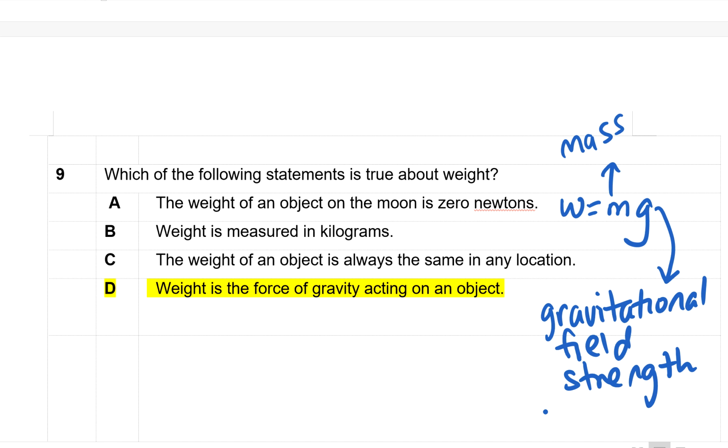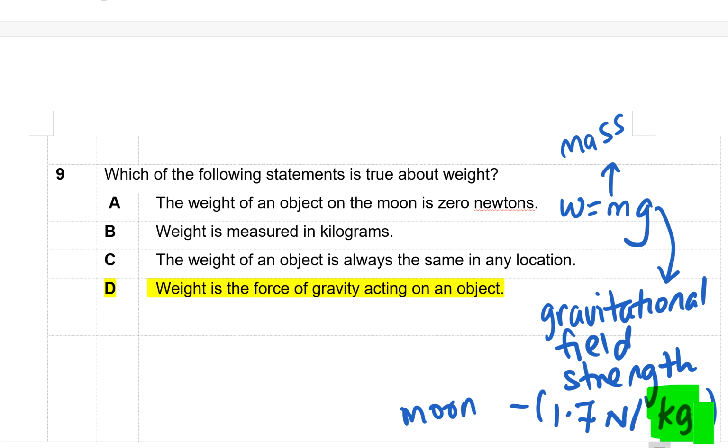And since the first question talks about the moon, now on the moon it is about 1.7 newtons per kilogram. This is the gravitational field strength on the moon. So which means every 1 kilogram of mass, the moon is going to pull it down with a force of 1.7 newtons.